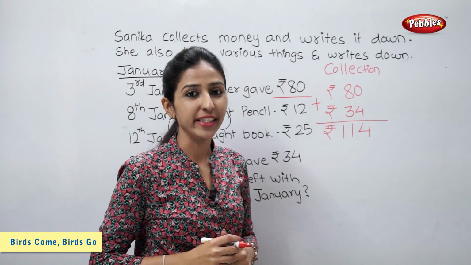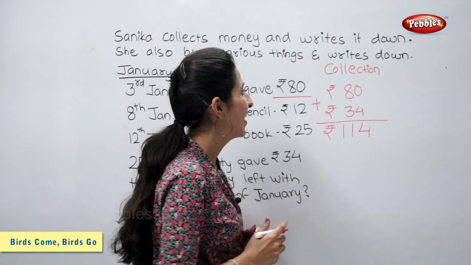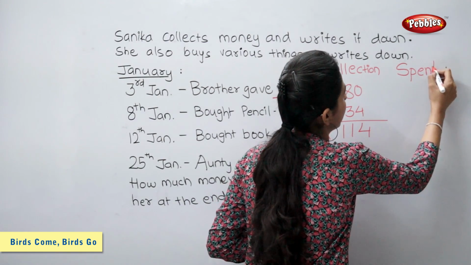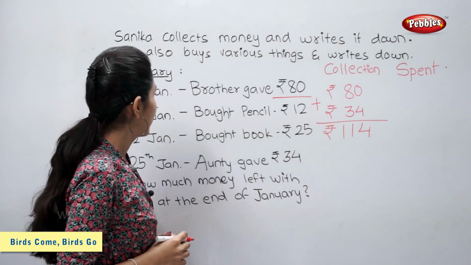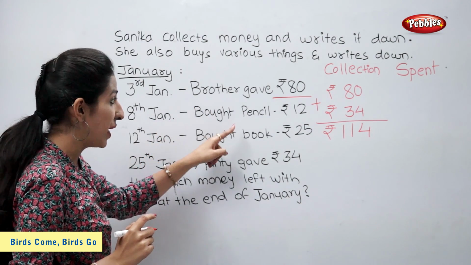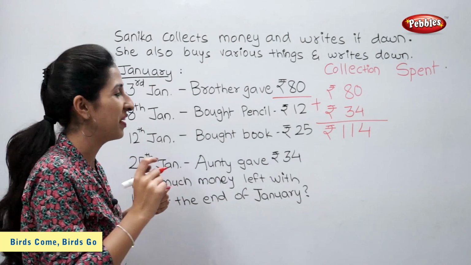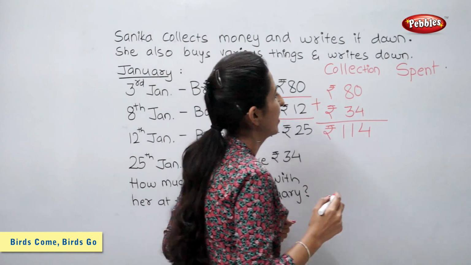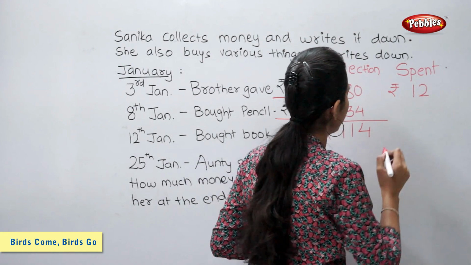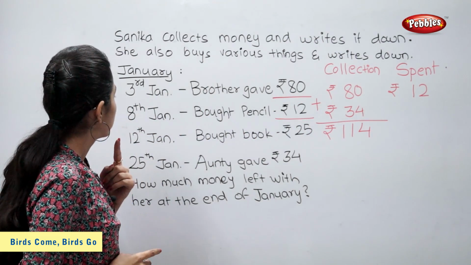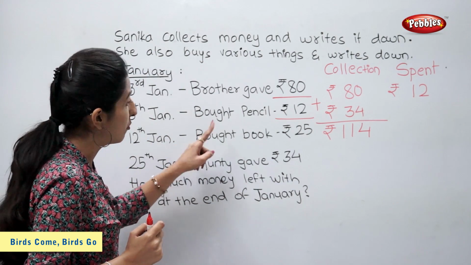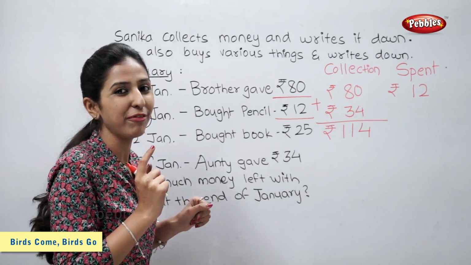Now, let us find out the money she spent. On 8th January, she bought a pencil for rupees 12. On 12th January, she bought one book for rupees 25.